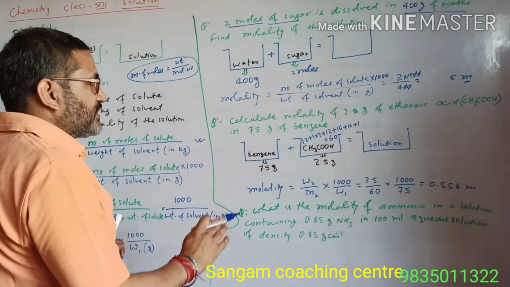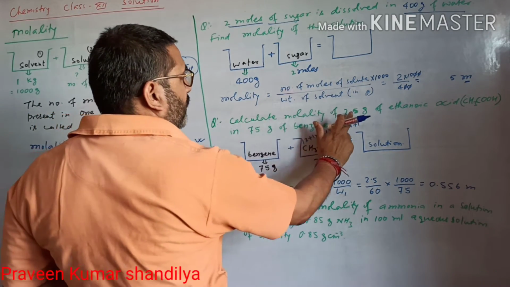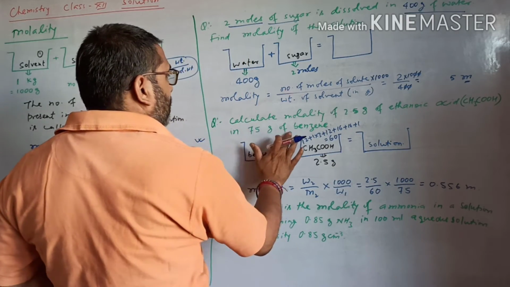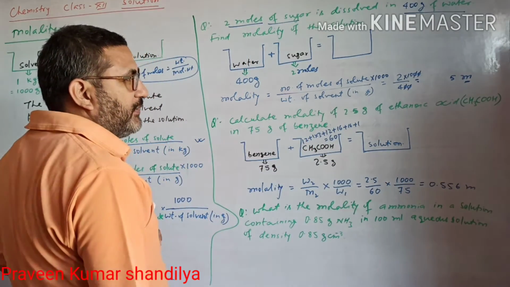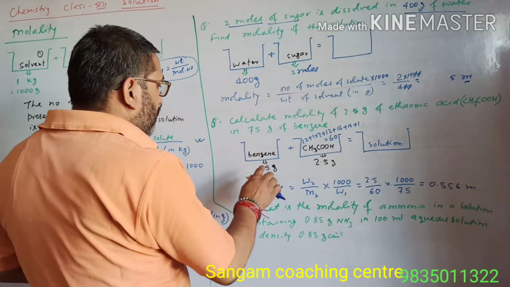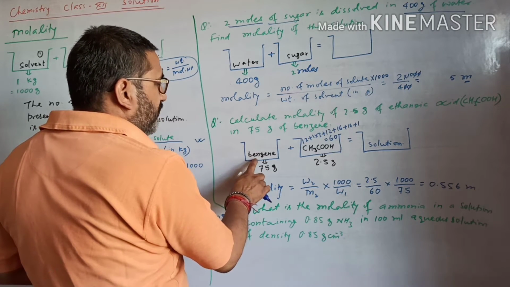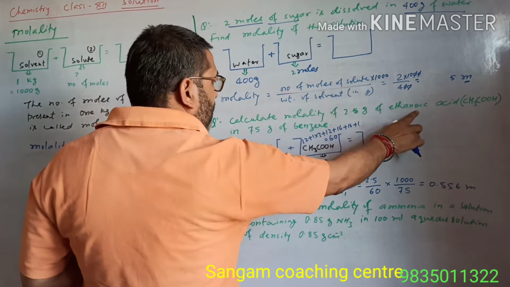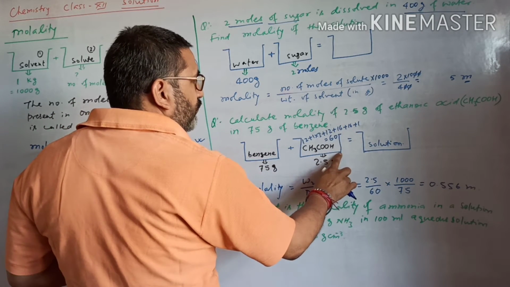We have to see another question. Calculate molality of 2.5 gram of ethanoic acid in 75 gram of benzene. Where can benzene be noted? Benzene can be noted here. Why? Benzene is solvent and ethanoic acid is solute.